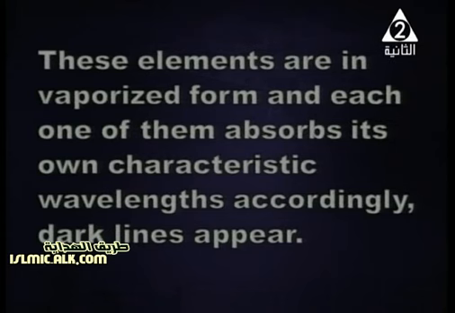Accordingly, dark lines appear. Once again, these elements found in the atmosphere of the sun are in a vaporized form, and each element absorbs its own characteristic wavelengths, so they disappear from the spectrum, and we've got dark lines.